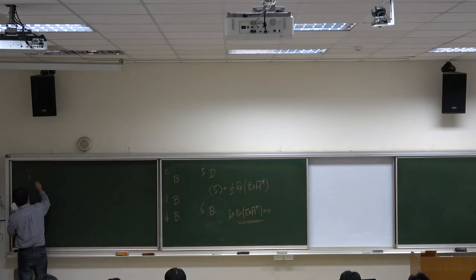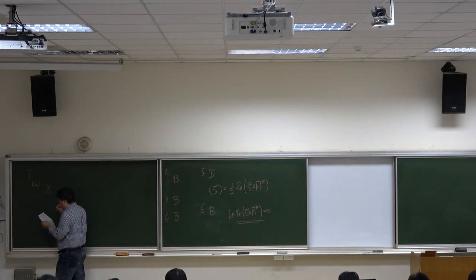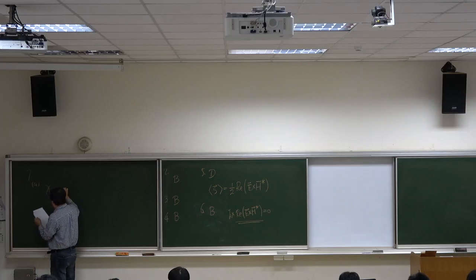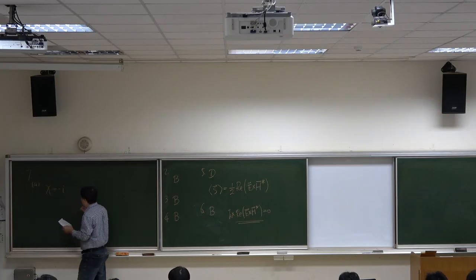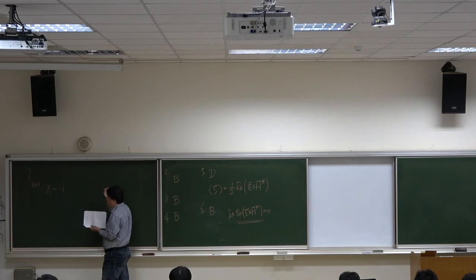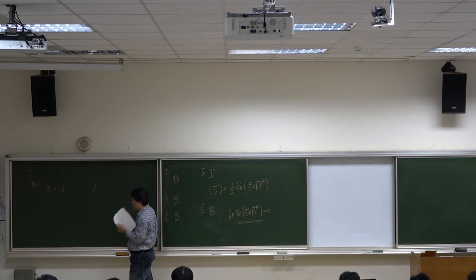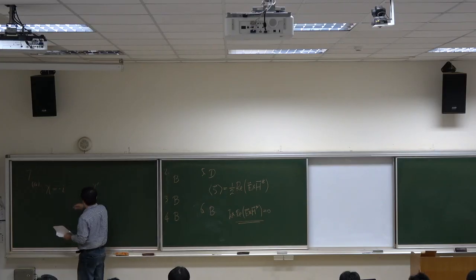Okay, for part A, you are given the complex representation of the polarization as minus i, and asked to find the complex number representation of the polarization that is orthogonal to this one.